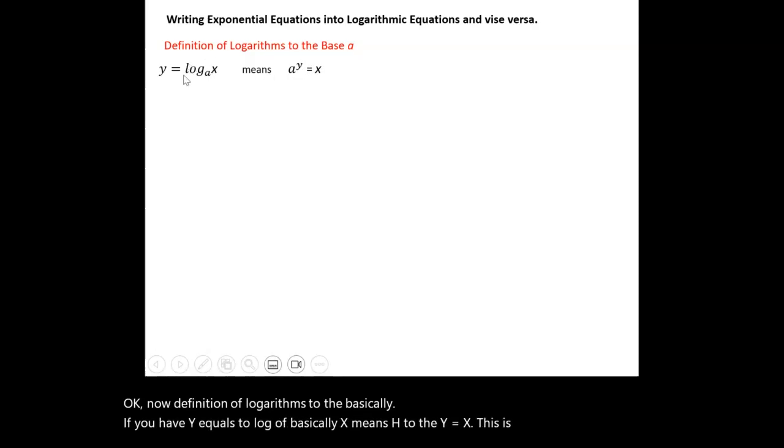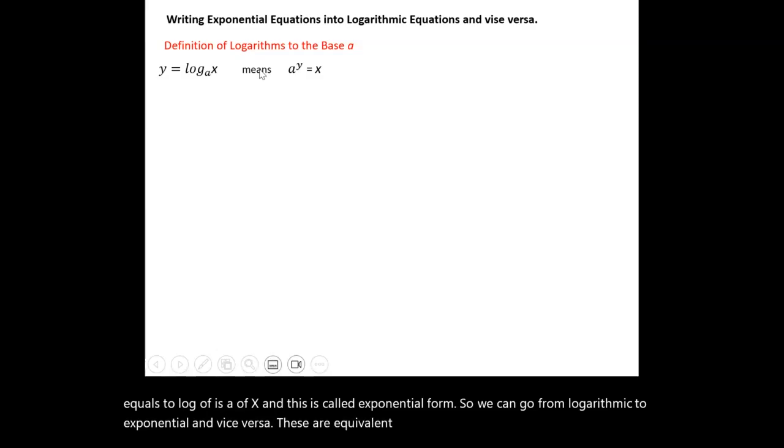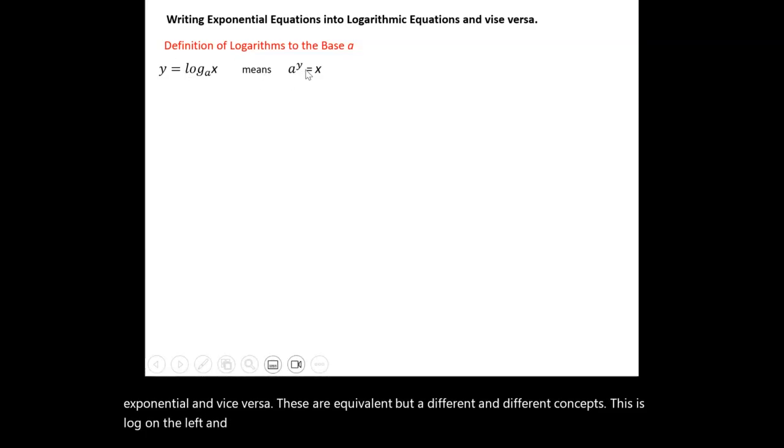This is called logarithmic form. And a to the y equals x is called exponential form. So we can go from logarithmic to exponential and vice versa. These are equivalent, but in different forms. This is log on the left, and this is exponential on the right.